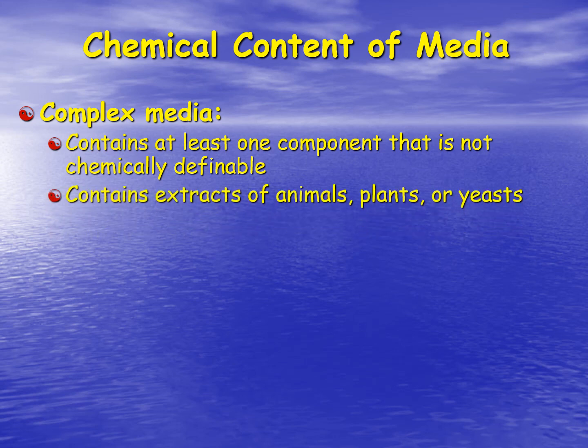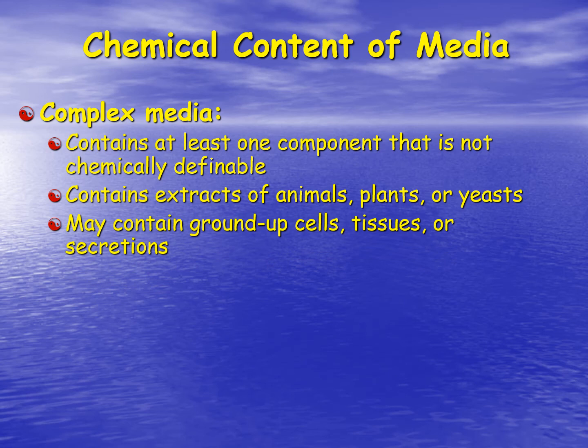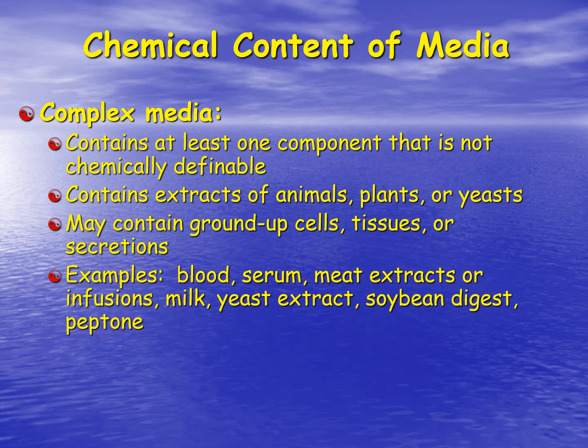So typically complex medias will contain extracts of animals, plants, or yeasts. They may contain ground up cells, tissues, or other secretions. And some examples: blood agar, serum agars, meat extracts or infusions, milk, yeast extract, soybean digest, or peptone.